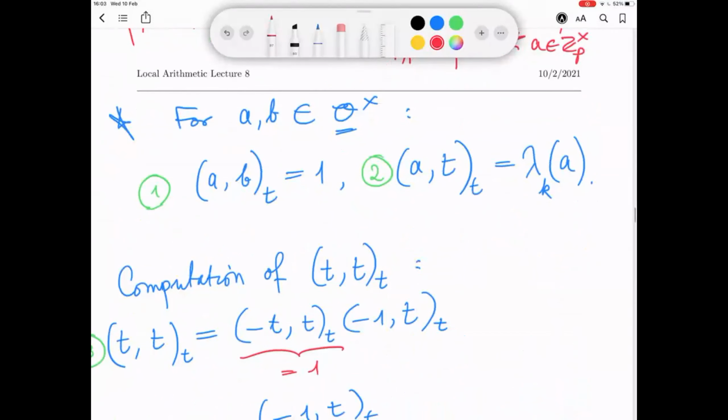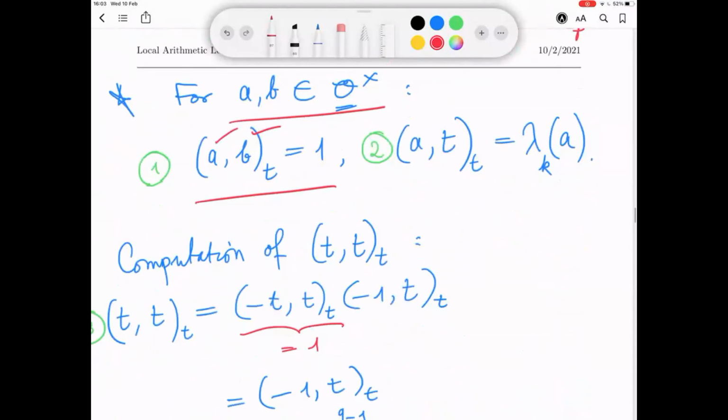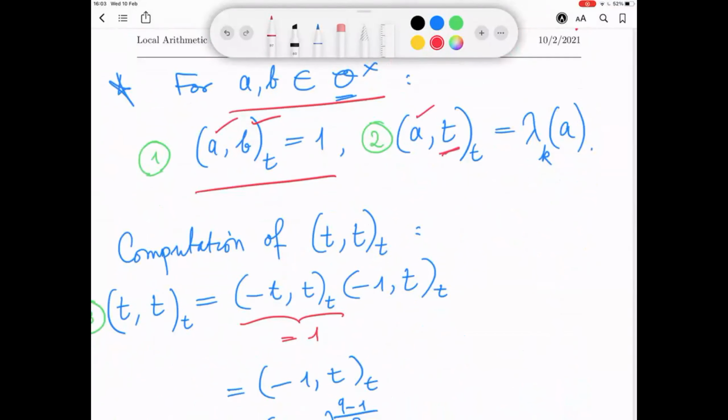Similarly, we have exactly the same properties in the ring O star. (A, B)_T is equal to 1 if both A and B are units, and if A is a unit and T is what is called a uniformizer, right?